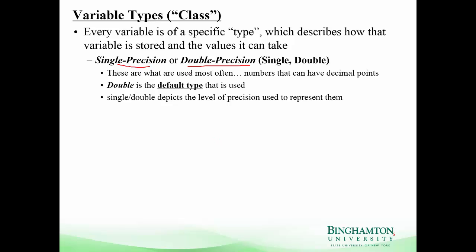So as I was saying, single precision, double precision, these are floating point. So basically, when we're representing numbers that can have decimal points in them, these are the forms that we use. Double is the default, so that basically gives you the maximum amount of precision.